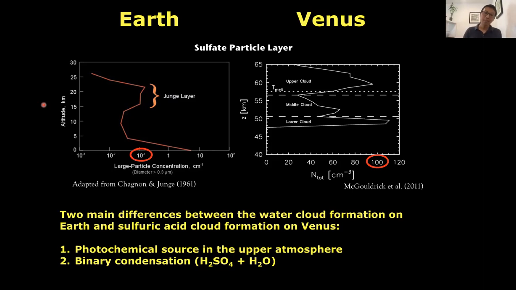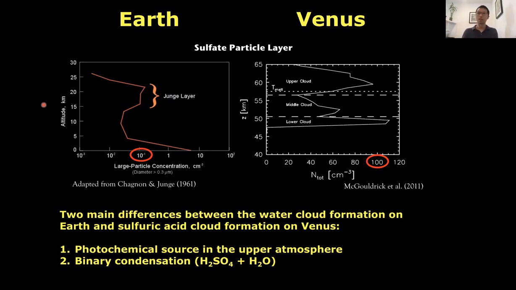The second thing is that Venus has concentrated sulfuric acid, so it's not pure water. And the thing here is that it's a binary condensation. Sulfuric acid and water try to condense together, and the saturation vapor pressure of each species depends very strongly on the acidity of the cloud droplets.